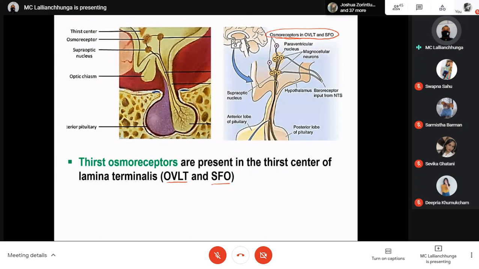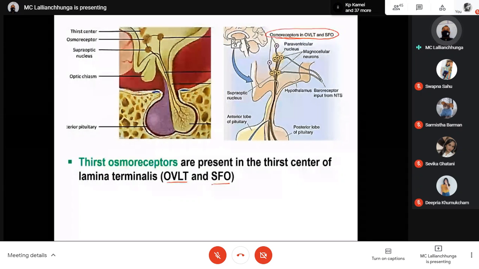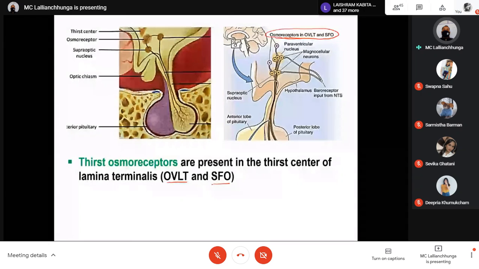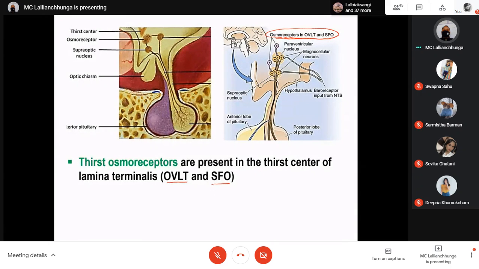These are thirst osmoreceptors. You already know what osmoreceptors are. They are the receptors, or nerve endings, which can detect changes in the concentration of solute, or osmolality or osmolarity. So in the thirst centers also, these osmoreceptors are present.